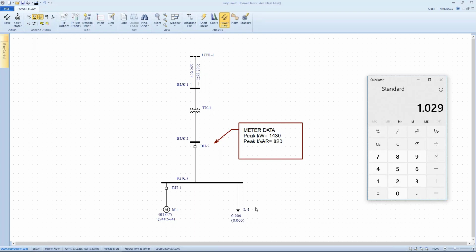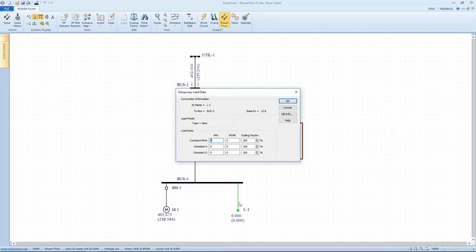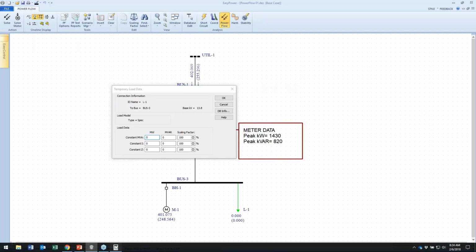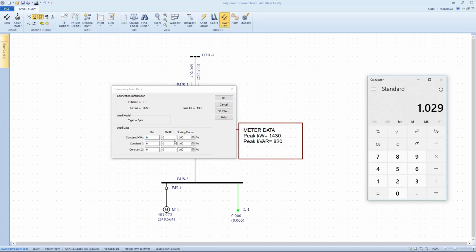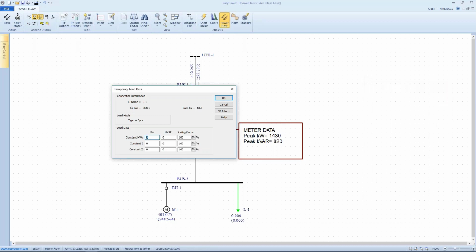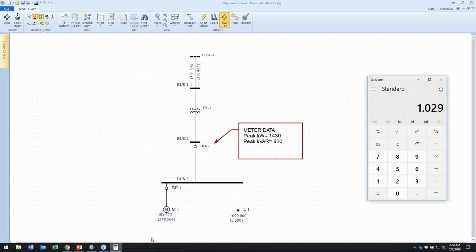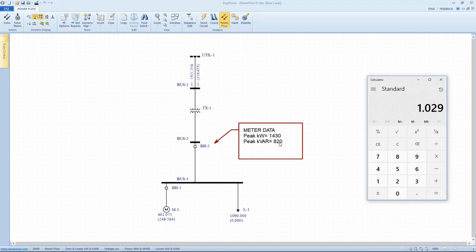So that means this other load's probably going to be a little over a megawatt. So we can go in on a temporary basis and enter my 1.09. So let me put in that as my temporary data for the real power. Then for the reactive power, I'm measuring 0.82 and I'm measuring 0.248. So let's make that inclusion.